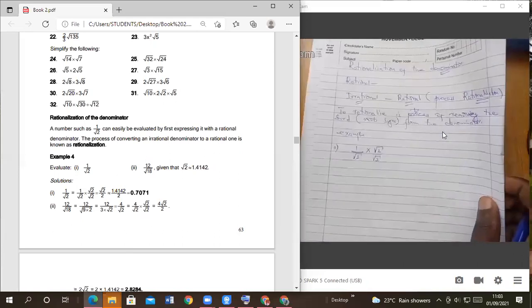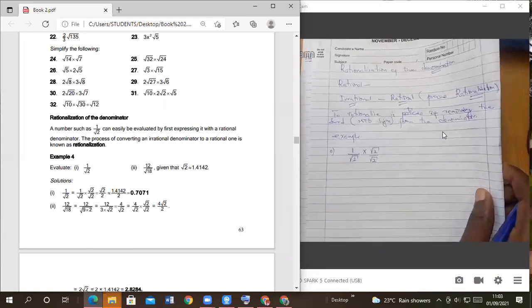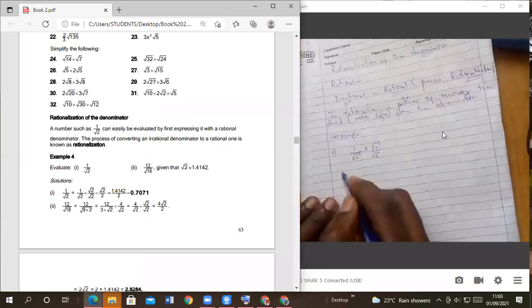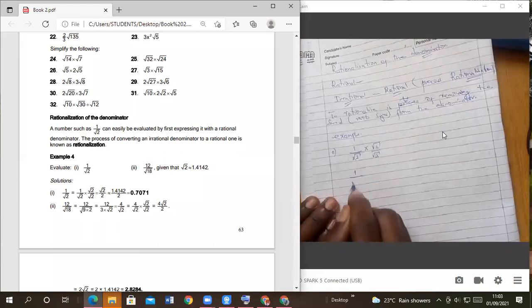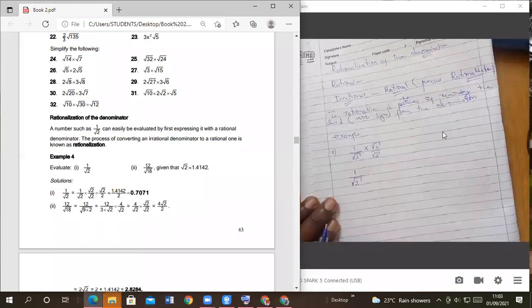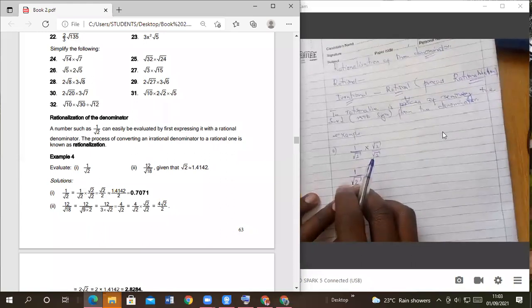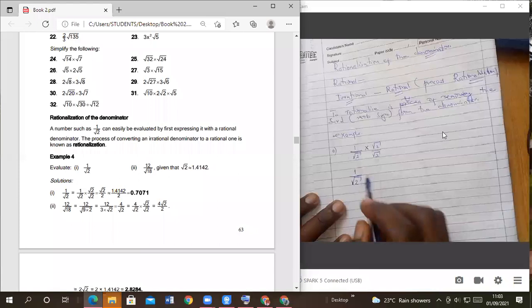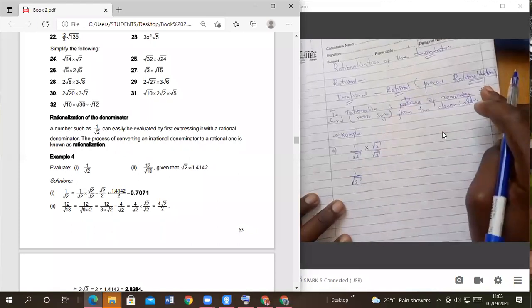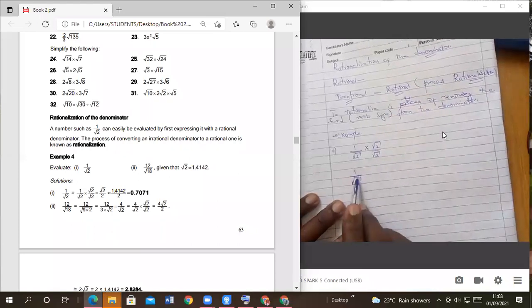Yes. Now, what I'm saying, members, I have 1 over root of 2, right? That's the number I have. I want to remove this square root of 2 from down here. I want to change it from irrational to rational. So for me to do that, I have to multiply both numerator and denominator by the same square root.